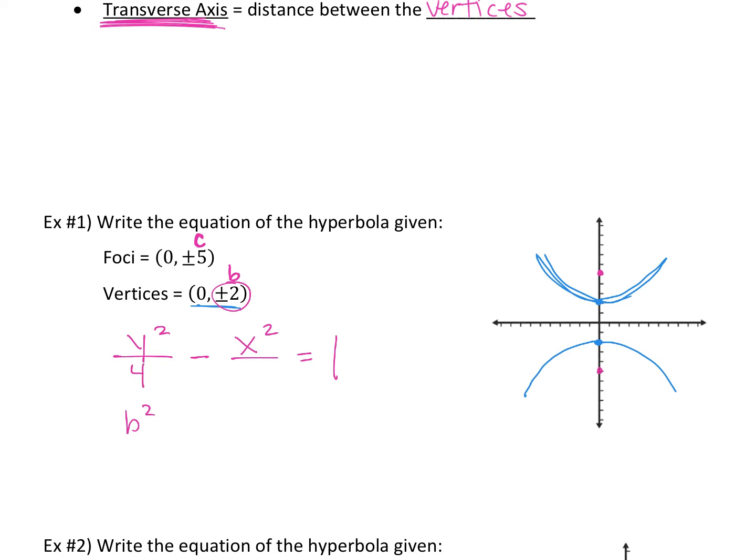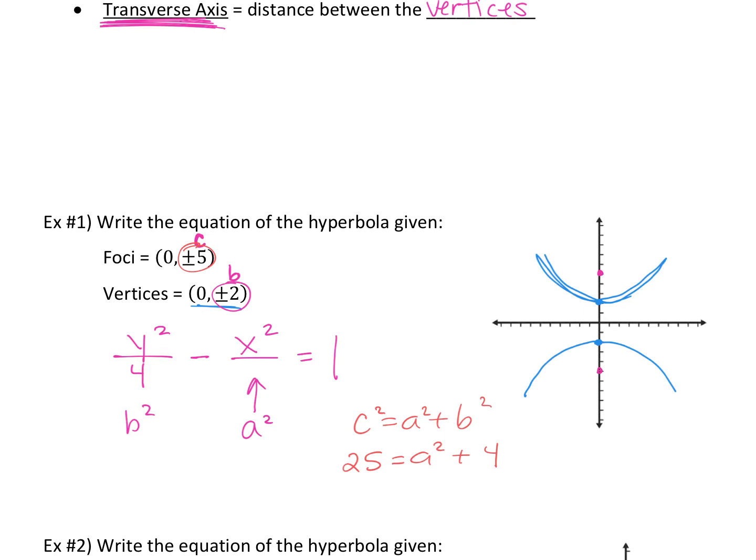Okay, we also need a squared. That's what's going to go down here, and that's the one that we don't have right now. But you can find it pretty easily with what equation? The c squared equals a squared plus b squared, right? So c squared would be 25 equals a squared is what we're solving for, and b squared is 4.